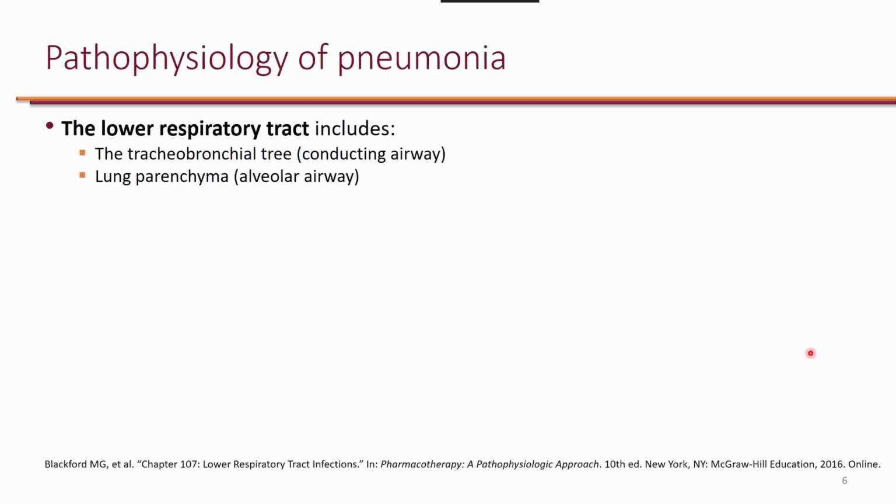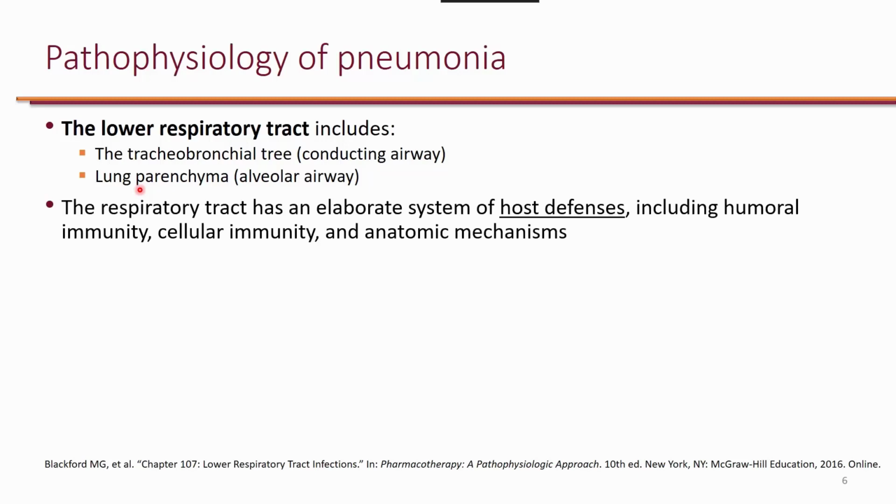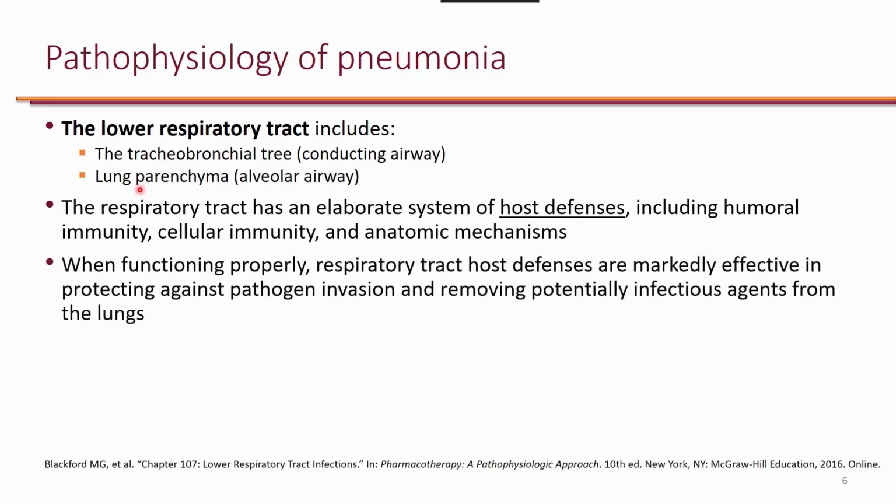Now let's take a look at the pathophysiology of pneumonia. As I mentioned, there are two zones in the lower respiratory tract. There's the conducting zone and there's the respiratory zone, which is basically the lung parenchyma. Now the lung has an elaborate system of host defenses that, when functioning properly, are very effective in protecting against pathogen invasion of the lungs.